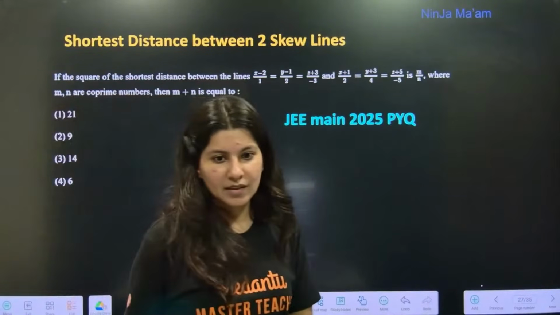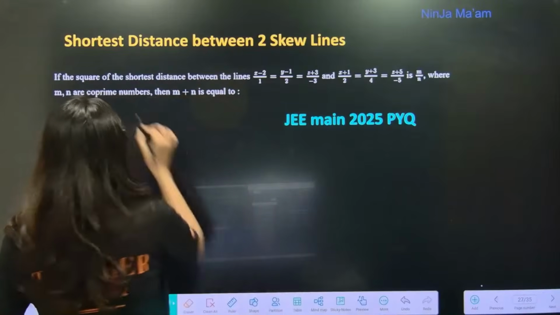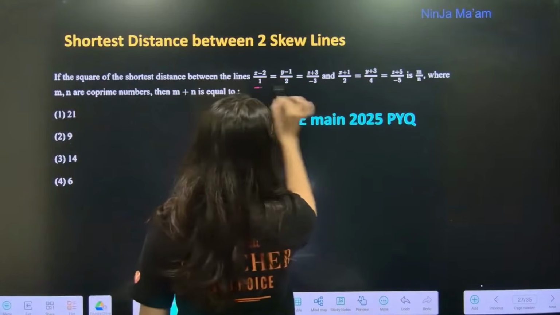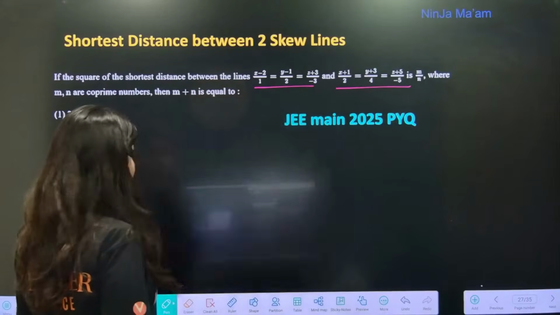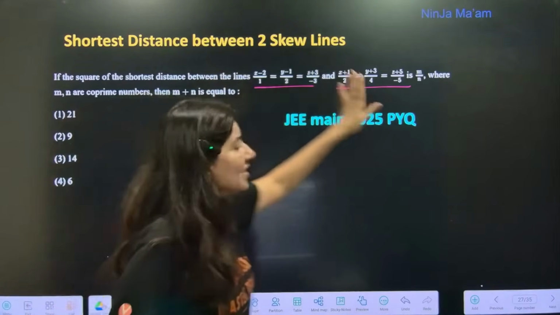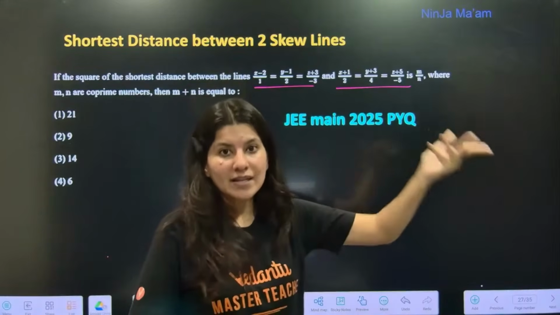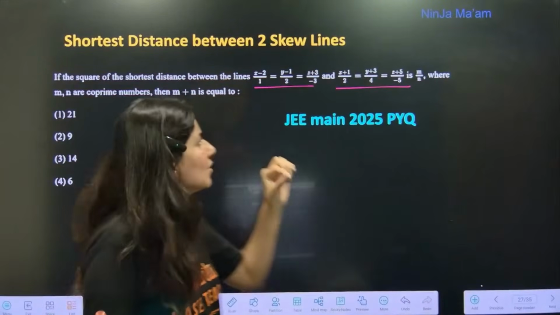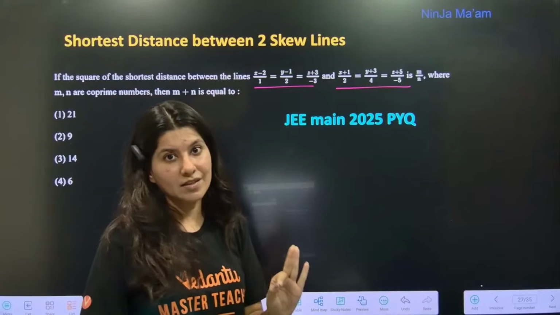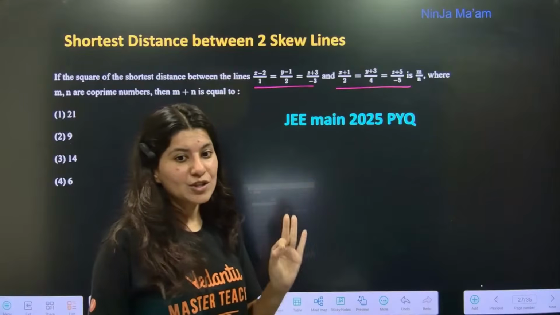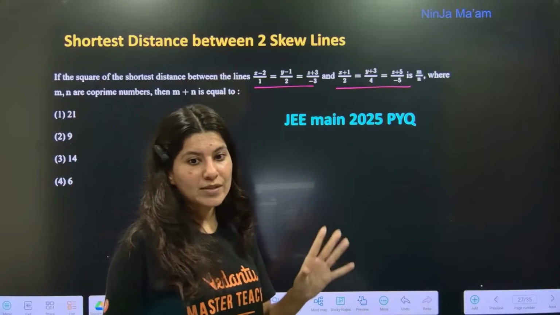Now the square of shortest distance between this and this line. First thing is, observe these two lines and check whether they are in standard format or not. What is standard format? The coefficient of x, y, z should be positive 1.